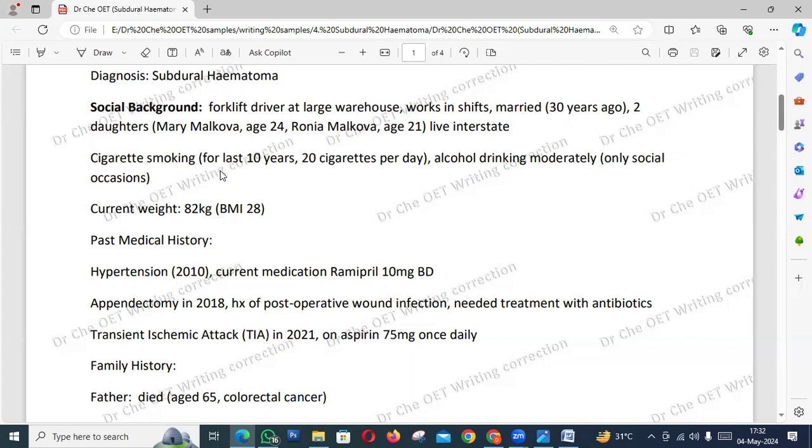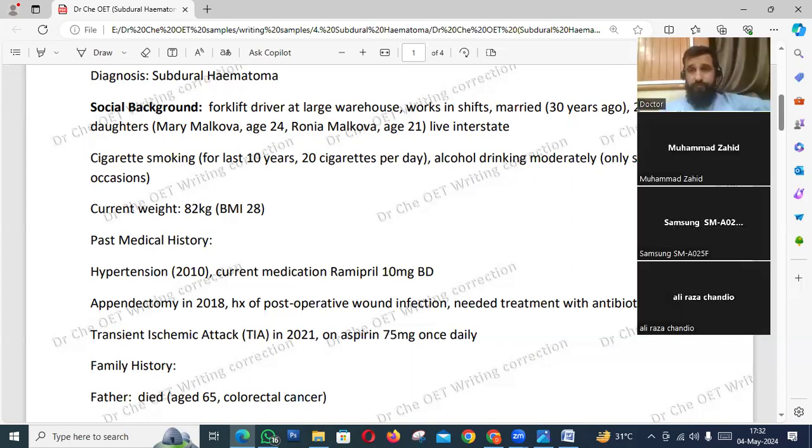Cigarette smoking and drinking. Do you think we should write it or not? I use three things. Number one, use a tick for information that is obligatory, too important to skip.